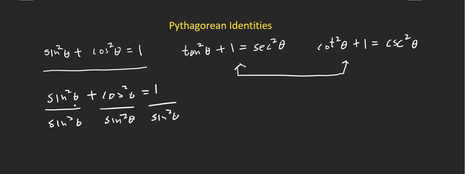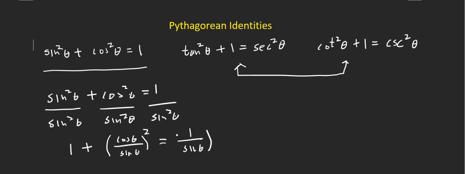That becomes 1 plus, what is cosine squared theta over sine squared theta? That's going to be the same thing as quantity cosine theta over sine theta squared equals 1 over quantity 1 over sine theta squared.